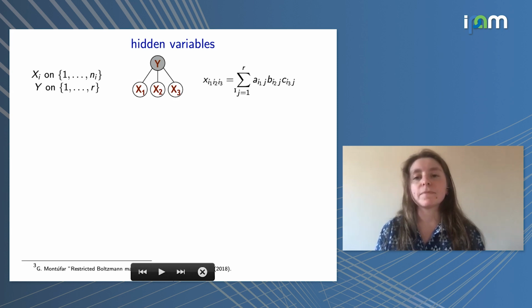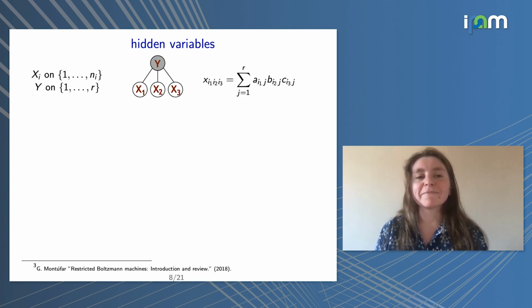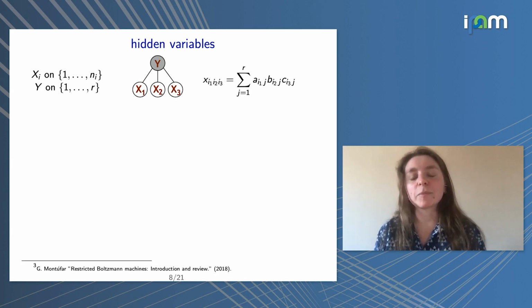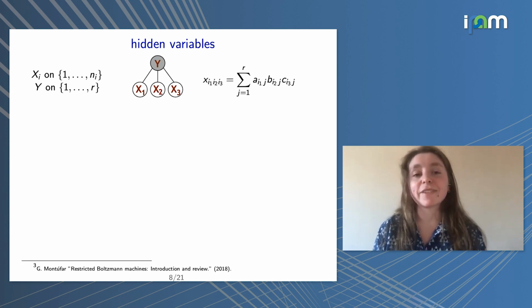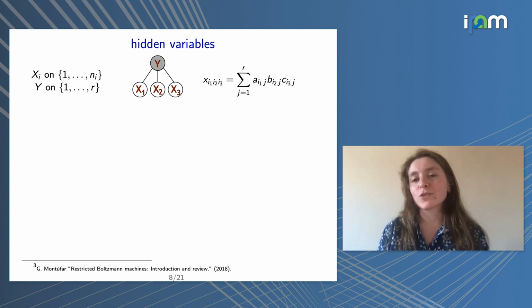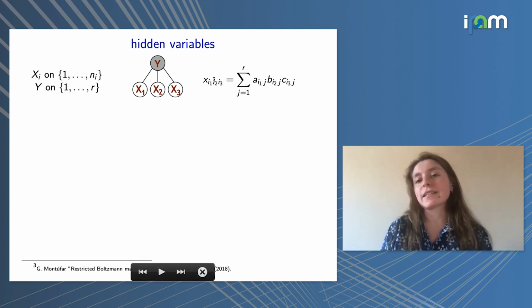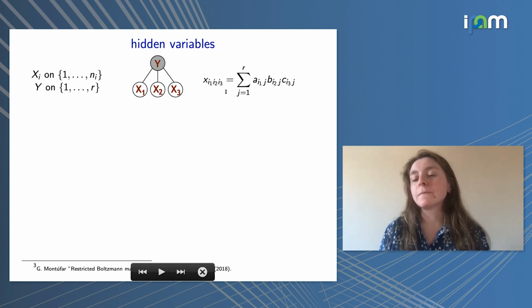I said that the hidden variable takes values in 1 up to r, and the reason for this choice of letter r is that this is giving us a rank r decomposition of our order 3 tensor x.